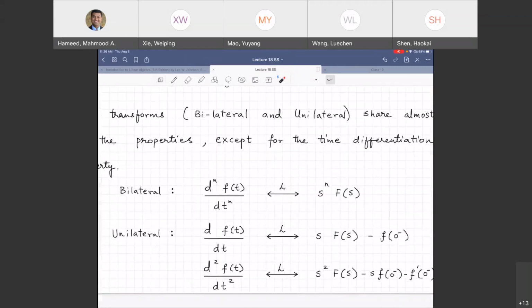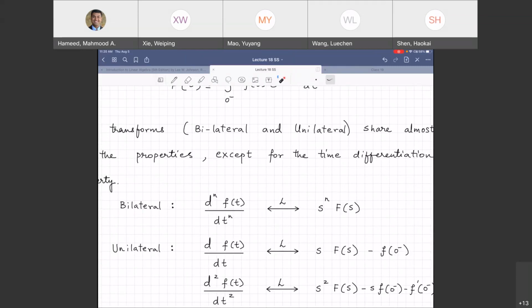Let's take a look. When you look at the bilateral Laplace transform, the more derivatives that you take in the time domain, you simply increase the power of s in the Laplace domain: s squared, s cubed, and so on to s to the n.